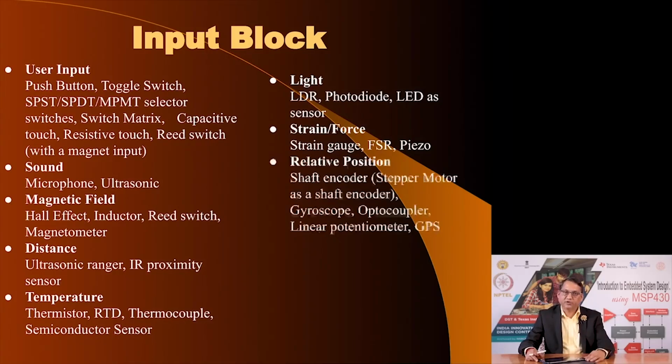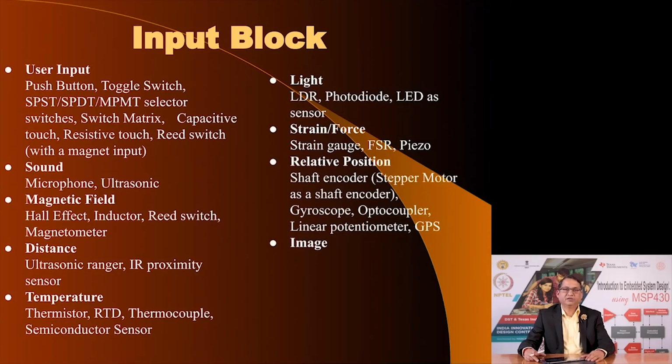Or in your car stereo, when you are changing the stations with the help of a tuning knob, that knob is actually connected to a shaft encoder. You could also use a gyroscope or an optocoupler. You could use linear potentiometers, which have a knob you move up and down, and of course you could use a GPS, which is a global positioning system.